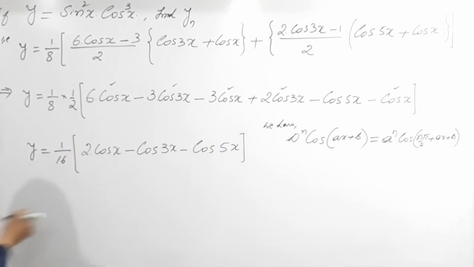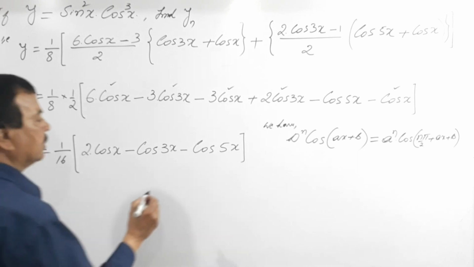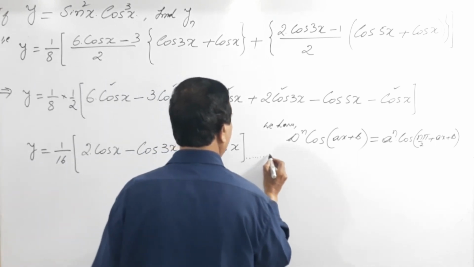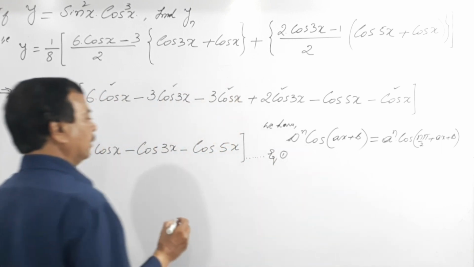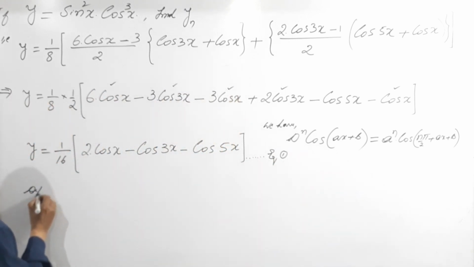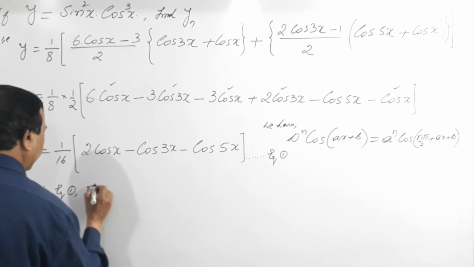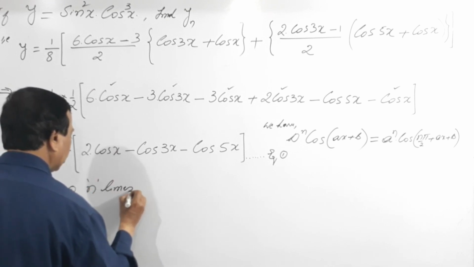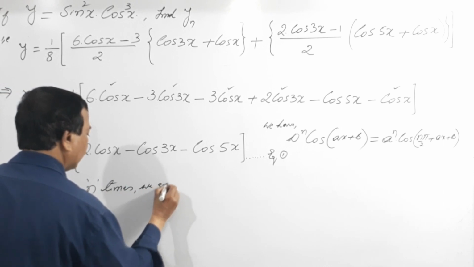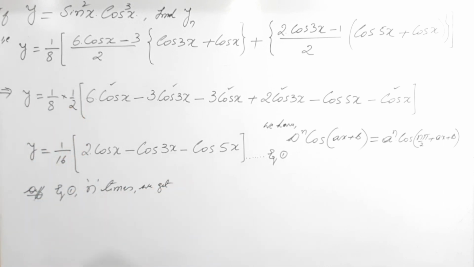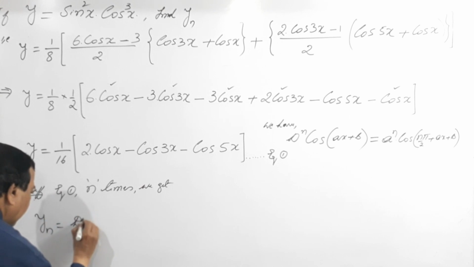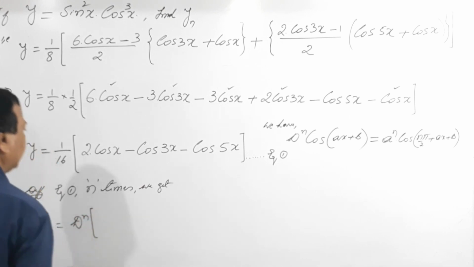So finally what happens here? I call this equation 1. Differentiating equation 1 n times, we get yn equals dn of 1 by 16.